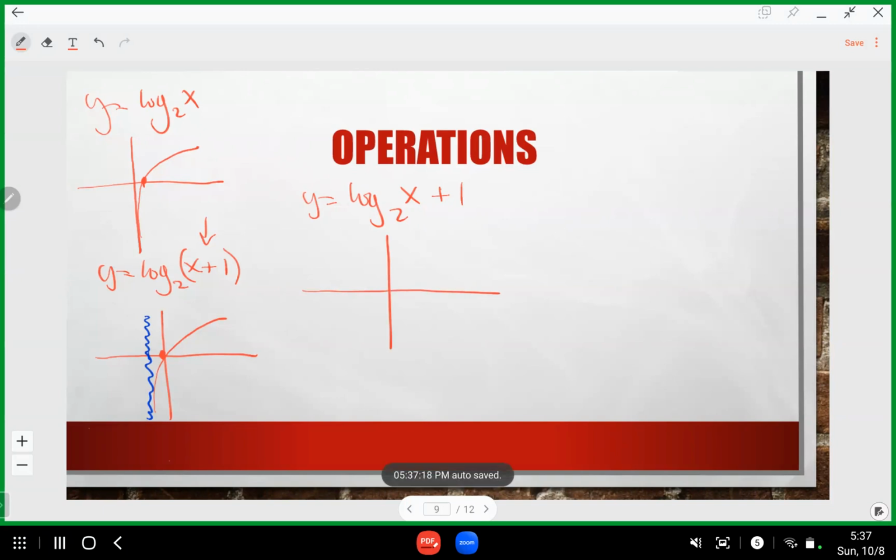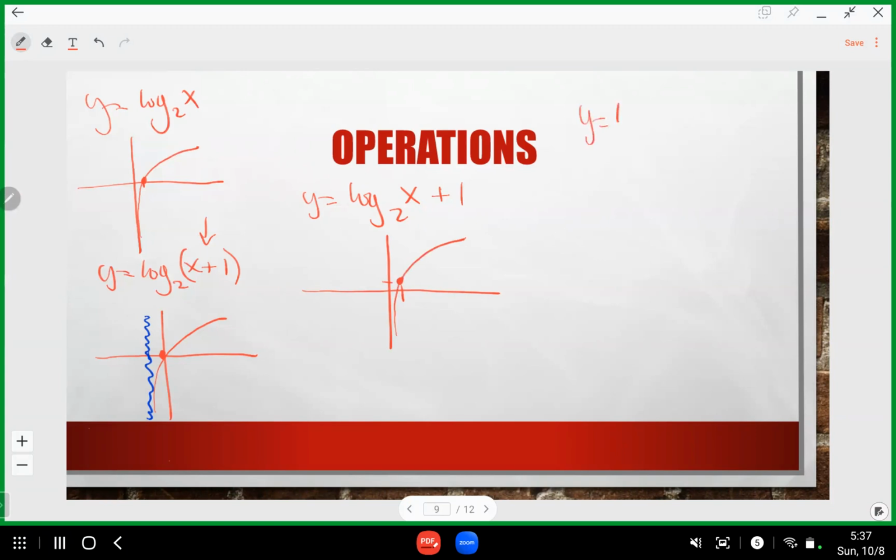That means the reference point will go up, to (1, 1). The vertical asymptote does not change. One of the most important things you have to do when graphing is the reference point.